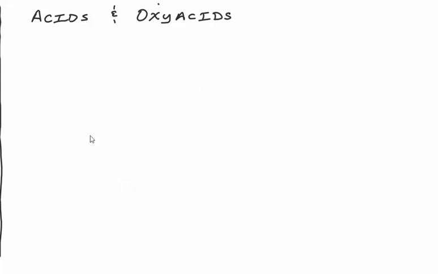Now here's the tricky part with oxy acids, and what we're going to do is we're going to start with chlorate. This is chlorate. Now some oxy acids can form more than one compound, and we do that by either adding or removing oxygen, and it makes different compounds.